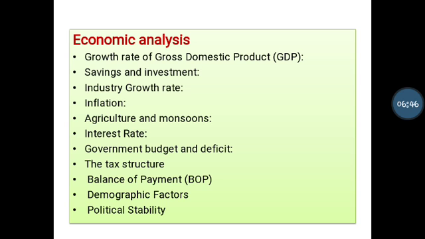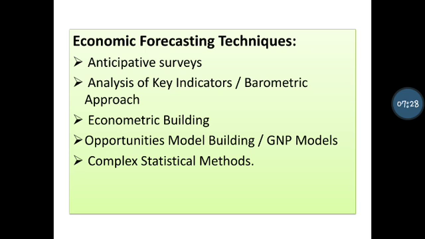The first is the growth rate of the gross domestic product, the GDP, then savings and investments, industry growth rate, inflation, agriculture and monsoons, interest rate, government budget and deficit, the tax structure, balance of payments, demographic factors, and political stability. While analyzing the economy, we must consider every one of these points.